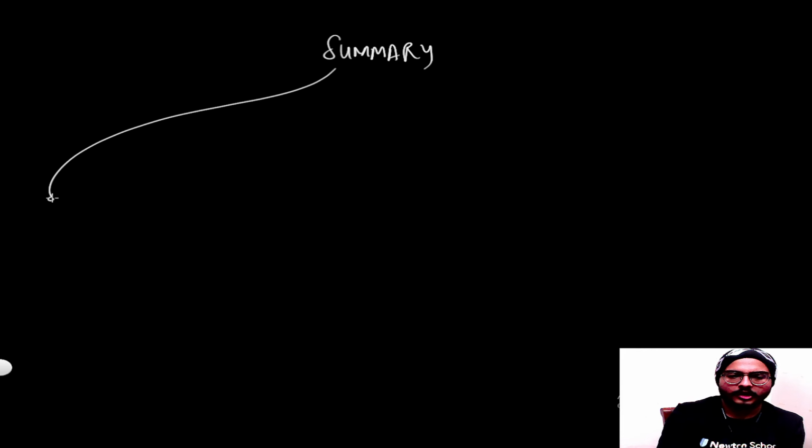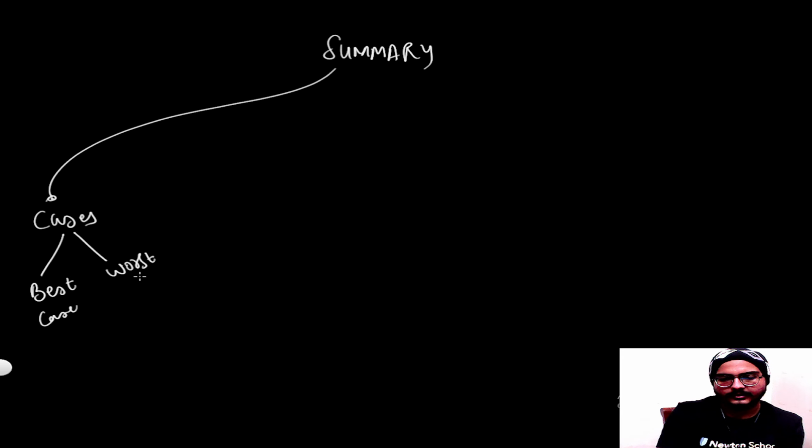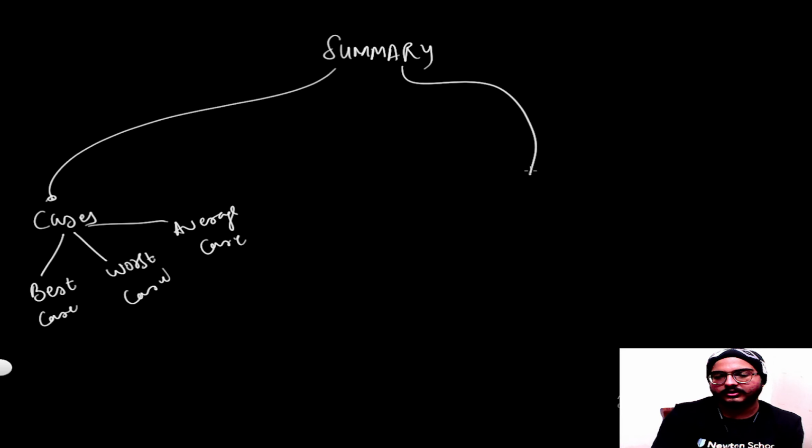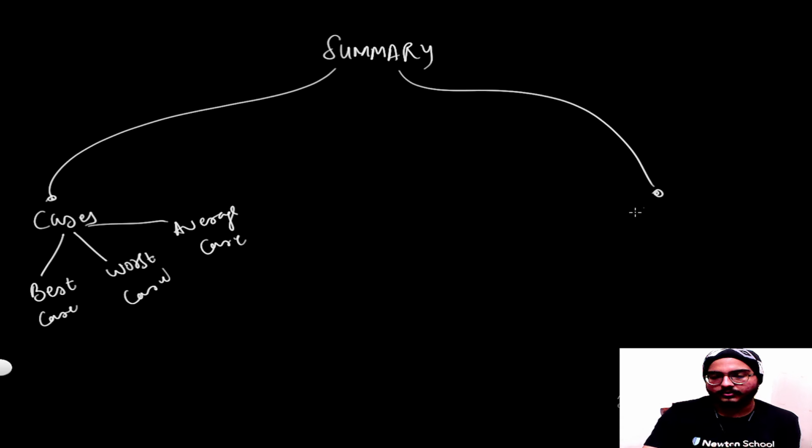Firstly, we saw cases. In particular, there are three cases: best case, worst case, and an average case. And then we saw particular notations. There are three kinds of notations basically. Big O, which can have all three analyses.